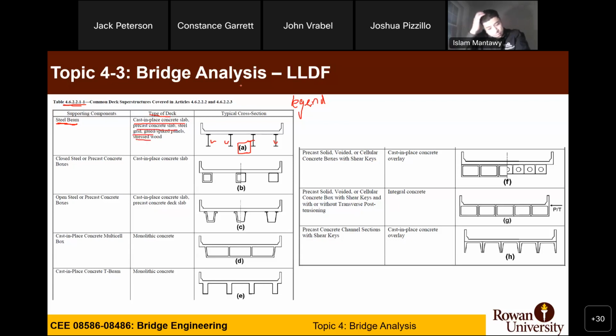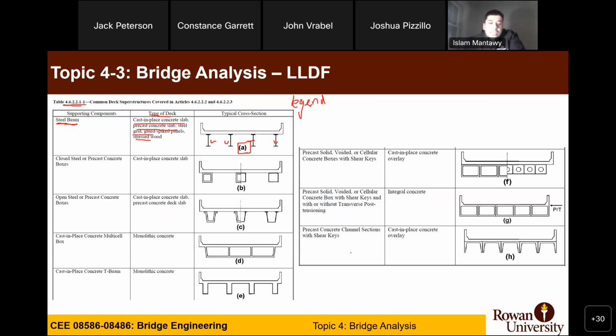So if I ask you, in homework number 1 and 2, when I asked you to do the box girder and the steel girder, in the steel girder, which type of cross section do you have?